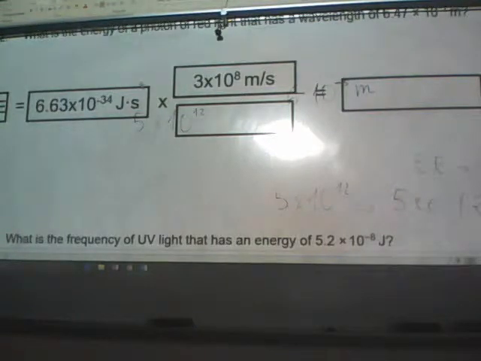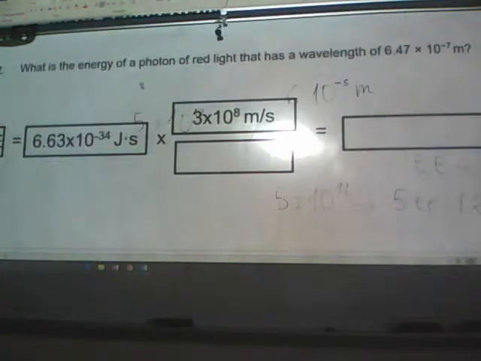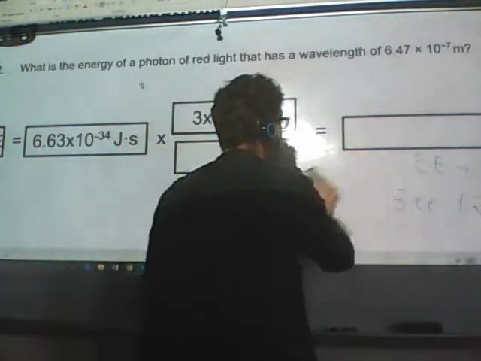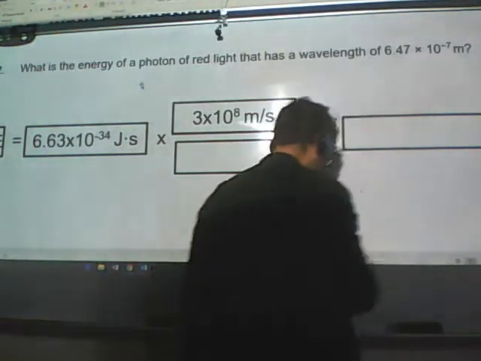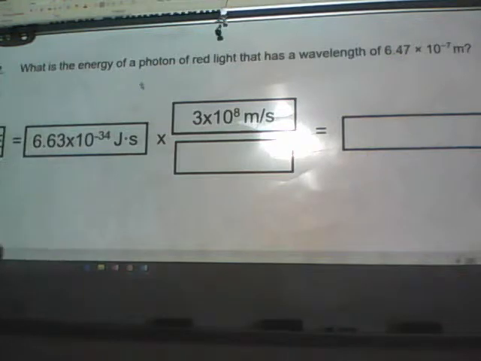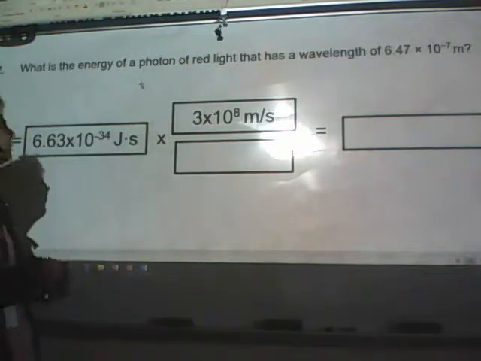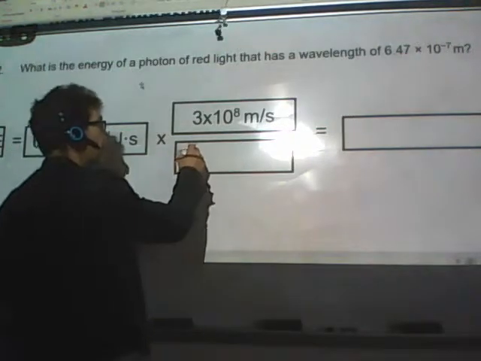What is the energy of a photon of red light that has a wavelength of 6.47 by 10 to the power of minus 7? The formula for energy, knowing the wavelength, is Planck constant by the speed of light divided by the wavelength.